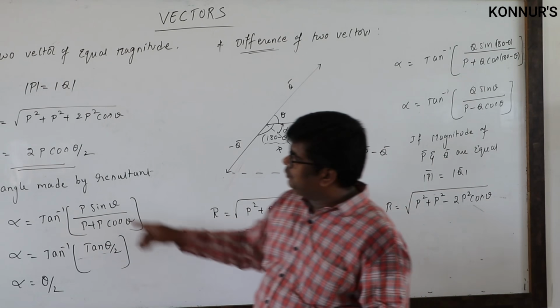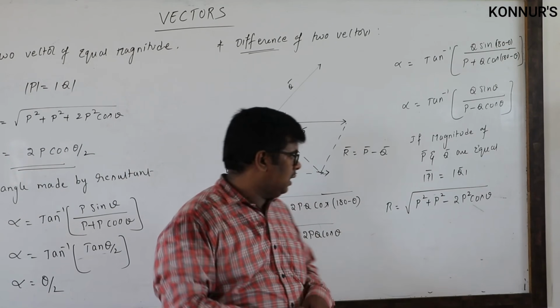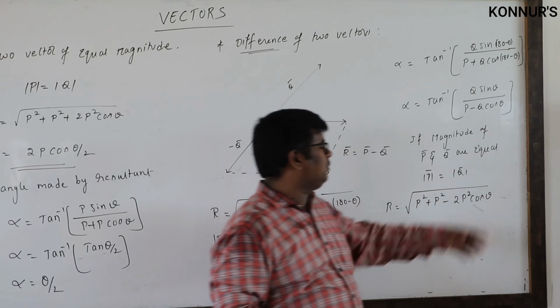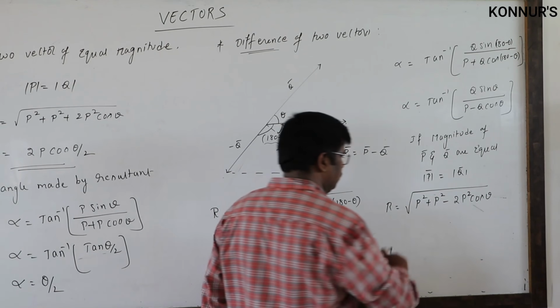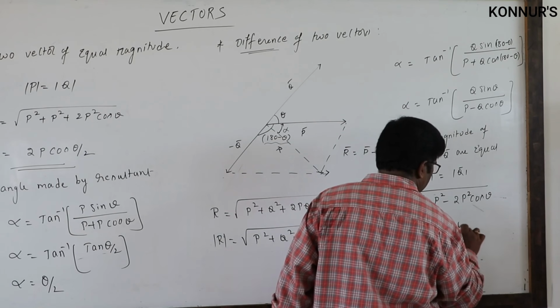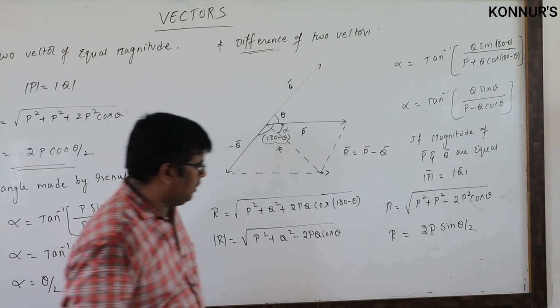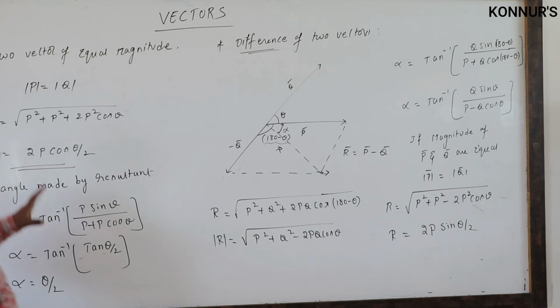In addition, 1 plus cos theta gives 2 cos square theta by 2, but here 1 minus cos theta gives 2 sin square theta by 2. So the resultant is r equals 2p sin theta by 2. And for two equal vectors the angle is half of the given angle.